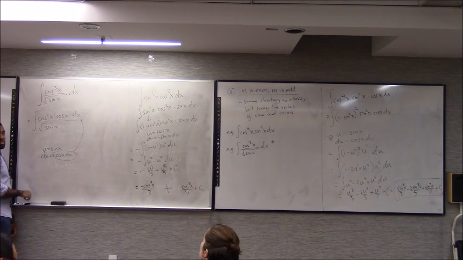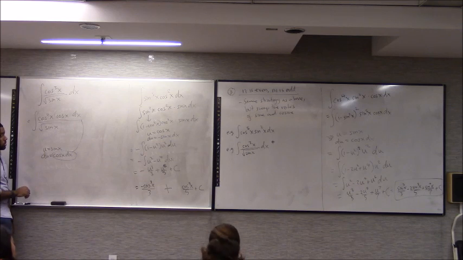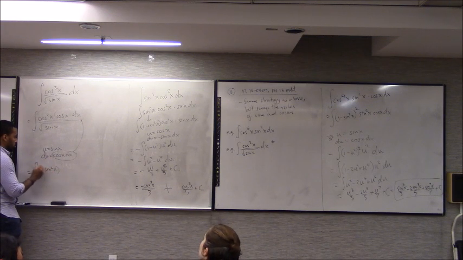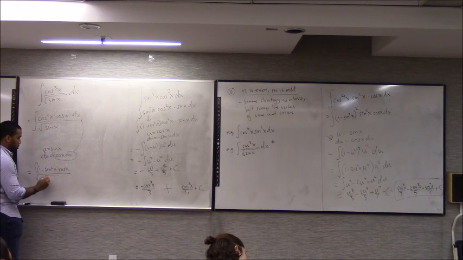Then you can use the identity. So that'll be 1 minus sine squared x. And then you could make that 1 minus u squared.